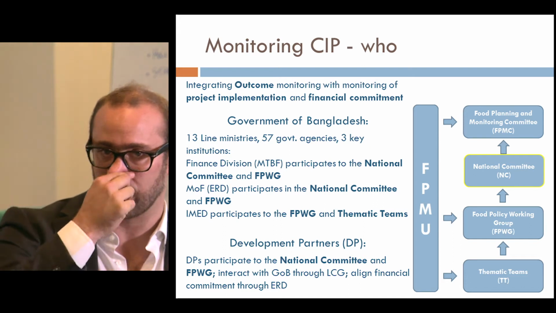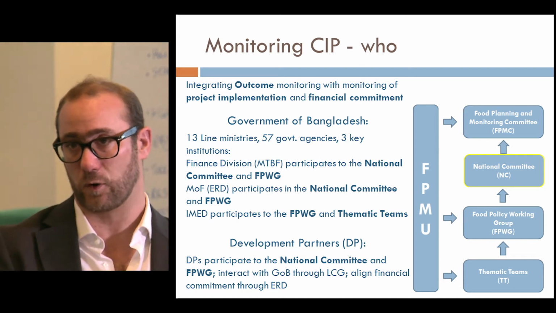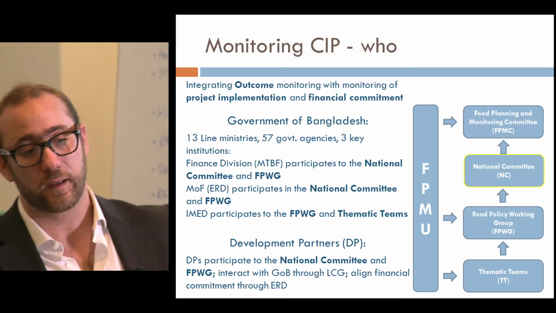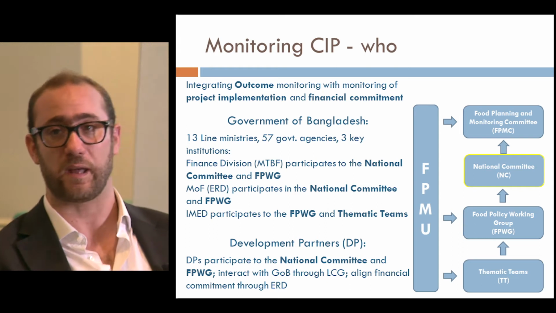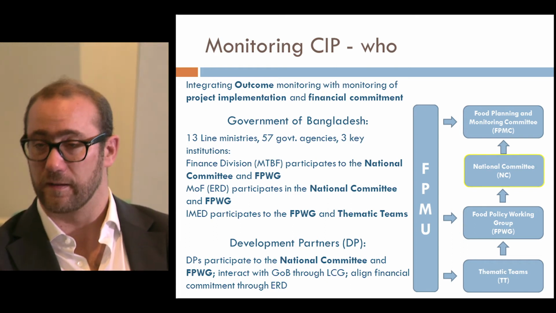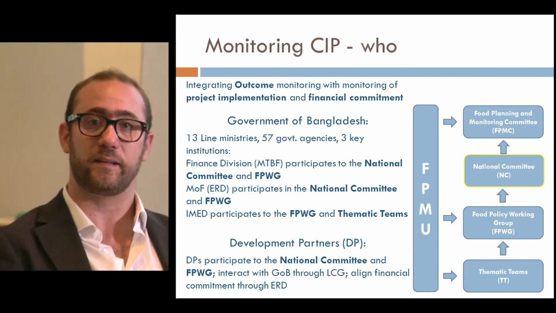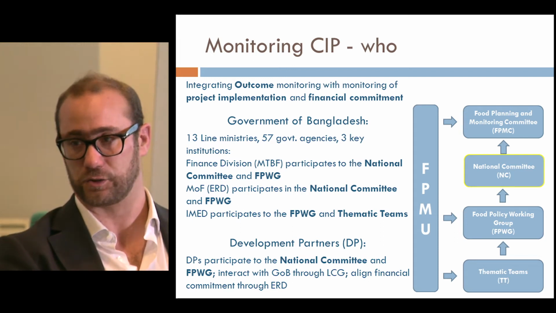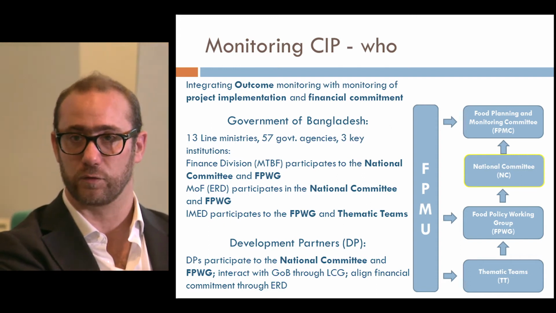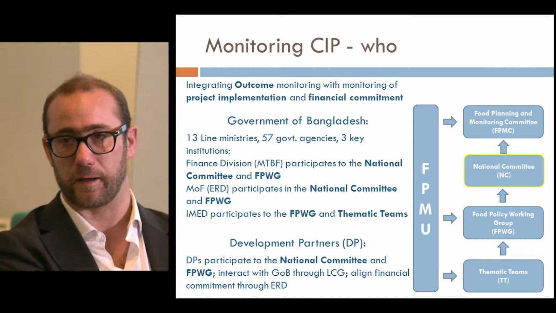All this flow of information, I mean, it's essentially a flow of clearances from the production of information at thematic team level up to the clearance at national level, is supported by what you see on the left, the FPMU, Food Planning and Monitoring Unit, which is a unit specifically dedicated, for the case of the Bangladesh Counter-Investment Plan on Food Security, to monitoring food security investments.